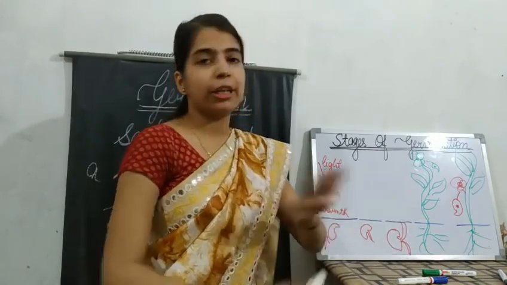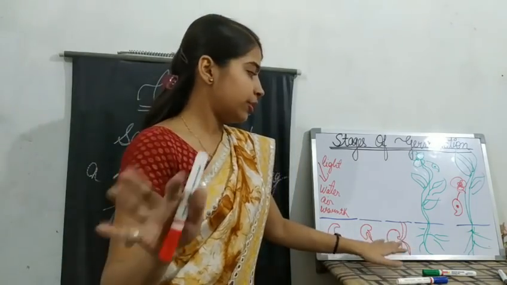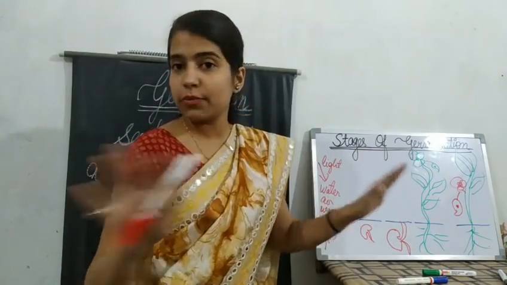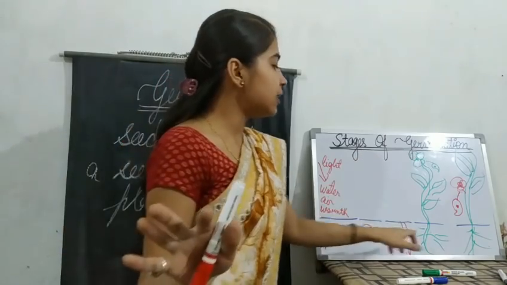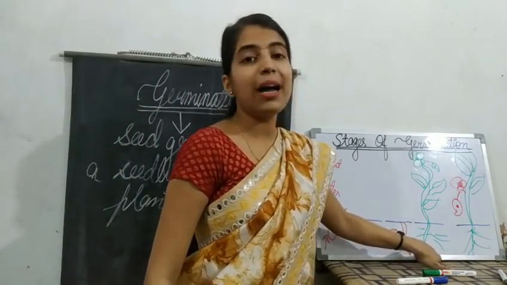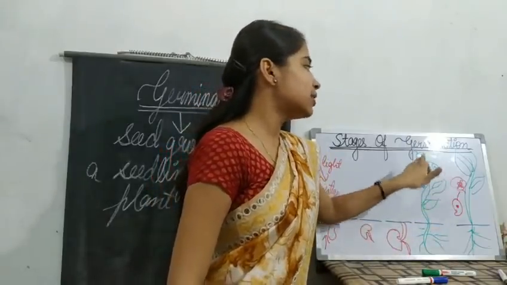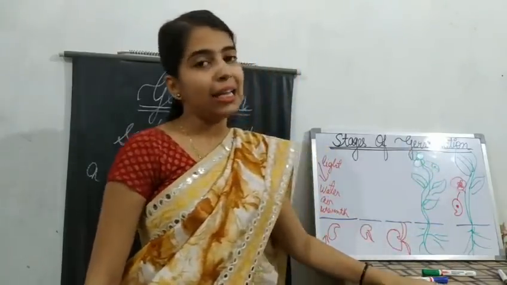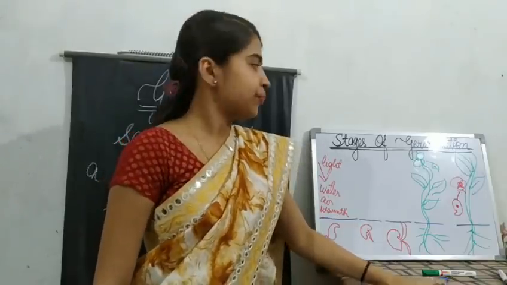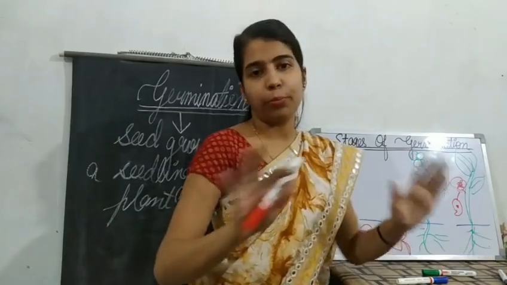Next step, what will happen? Now the cotyledon will be completely vanished. The seed coat has already burst. Now cotyledons will also disappear and the part which was growing downward will start growing deeper and will develop the root, and the part which was growing up will develop the shoot. In the next step, the roots will grow down and develop a proper root system.